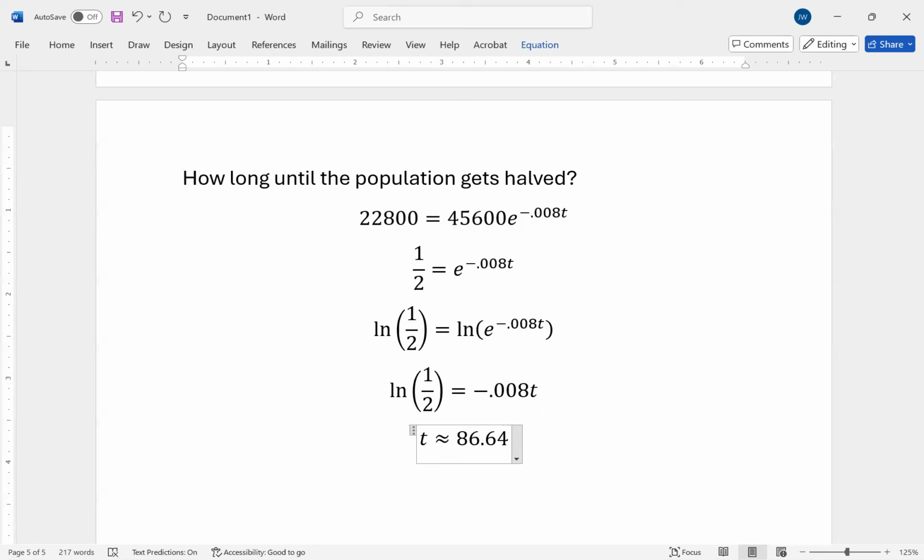So it would take 86.64, that is years after 1995, until the population gets cut in half. And that's in a year about 2081. That's after 2081, but before it hits 2082.